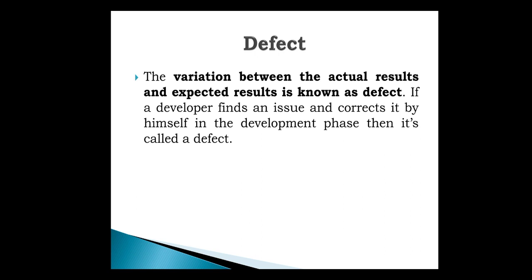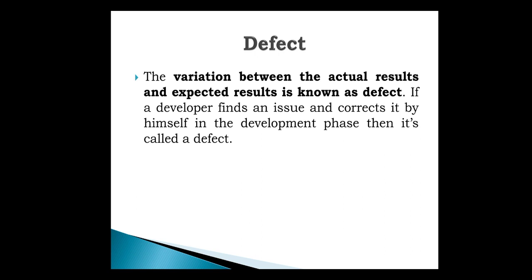We compare the actual result with the expected result, which is prepared according to the customer requirement. So the variance between expected result and actual result is known as a defect. But why is it called a defect? Because it is found by a developer at the time of development.